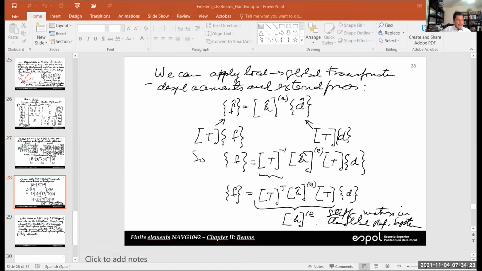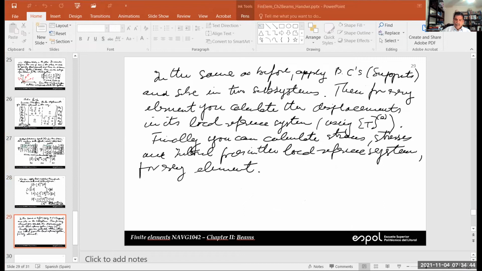Similarly, the K is also 6x6, and the T again is 6x6. So this produces a 6x6 matrix, okay? This is the stiffness matrix for an element which supports both in-plane and also lateral load.